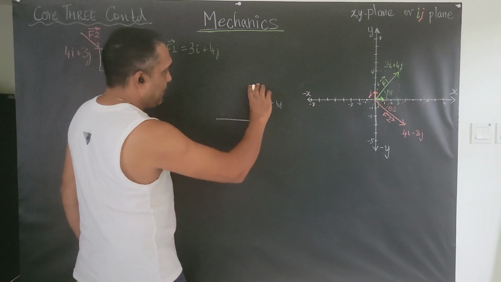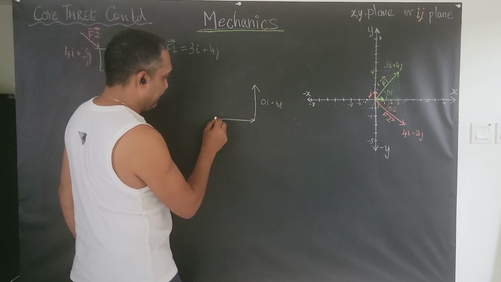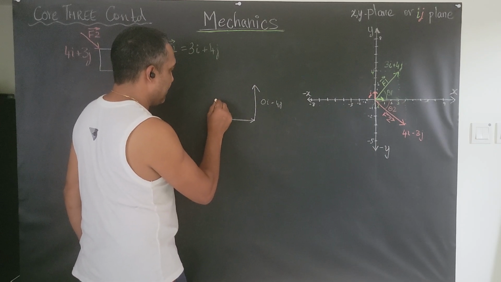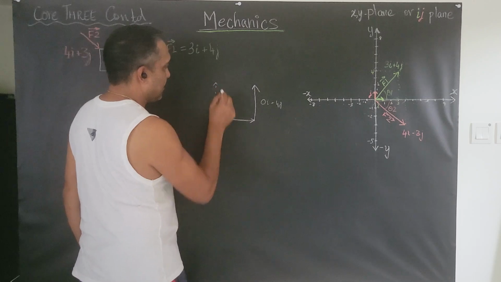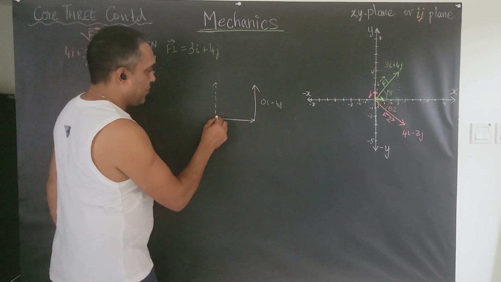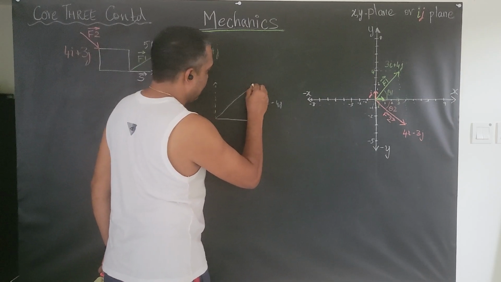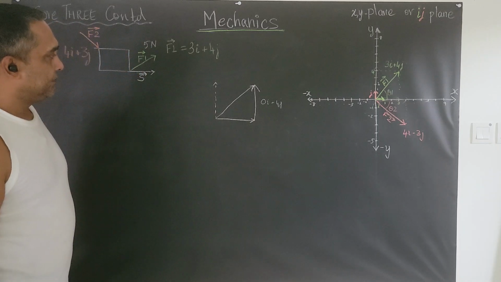If you move that vector here, I'm going to do a dotted line, and your result was that.